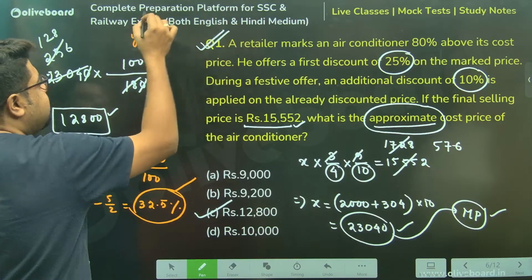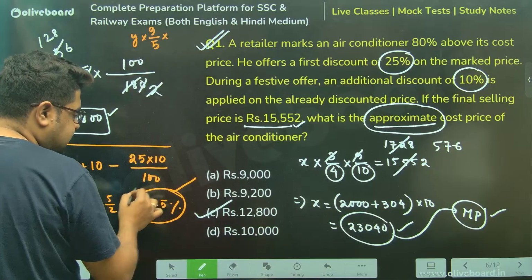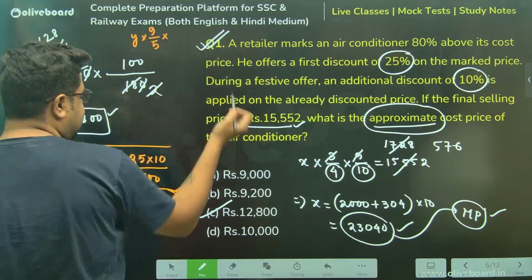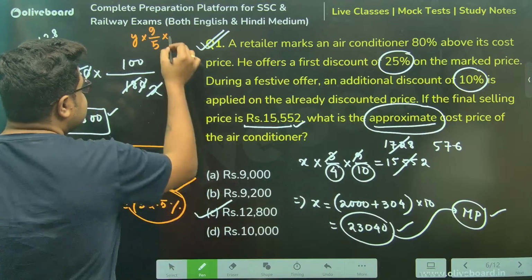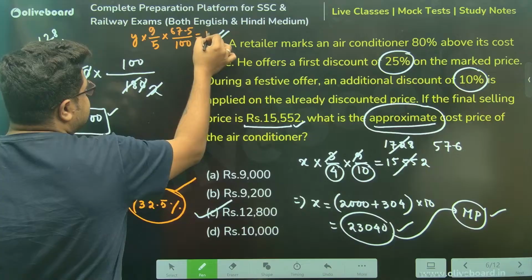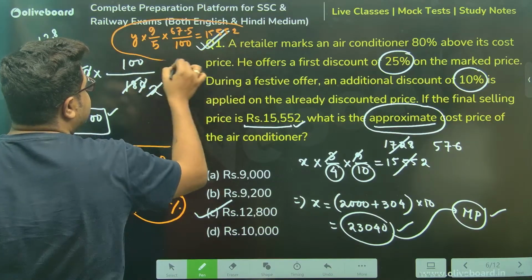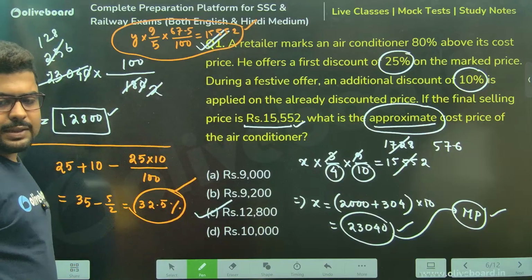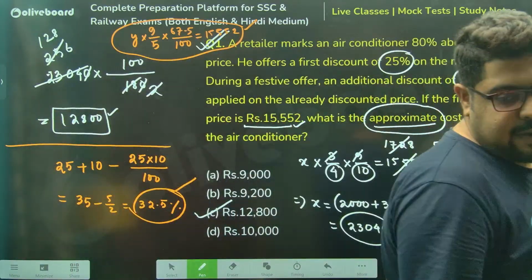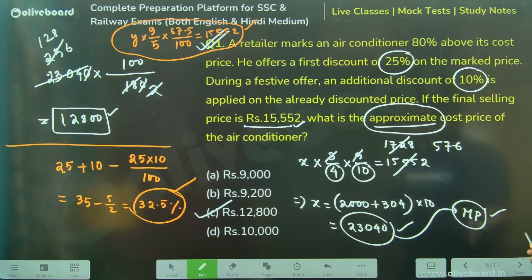I've marked it up by 80%, so this becomes 9 by 5, 180%. On this 32.5% discount, meaning 100 minus 32.5, that is 67.5%, that is given as 15552. You can figure it out directly from here as well. This is another method using successive discount, the AB theorem. Whichever you feel comfortable, solve it. But again, the first method gave us our answer.